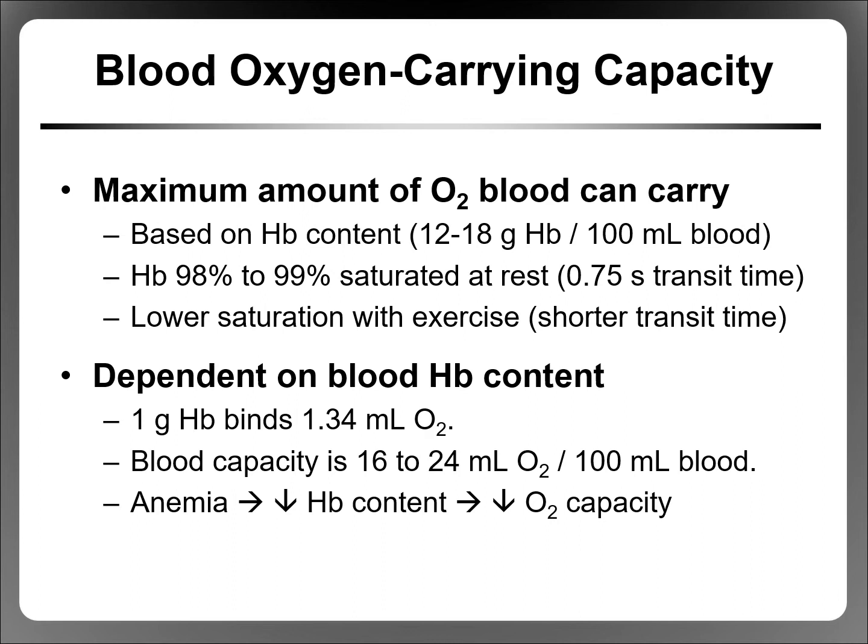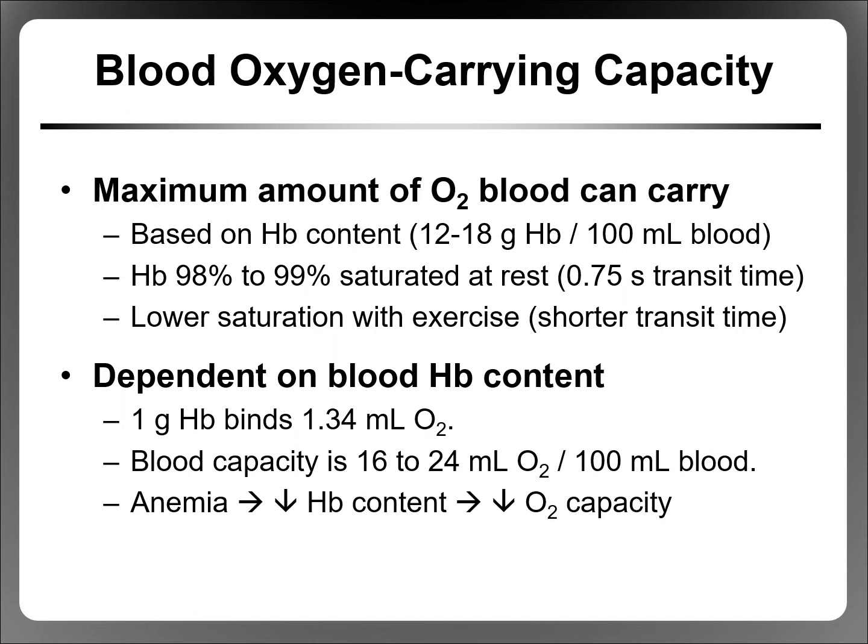This doesn't really matter until we start worrying about individuals who have anemia. When an individual has anemia, they have a decrease in hemoglobin content, which means they're going to have a decrease in oxygen carrying capacity. Now, you can have anemia for a couple different reasons. There is sickle cell anemia, which is having red blood cells that are misshapen, so they don't carry oxygen as well.